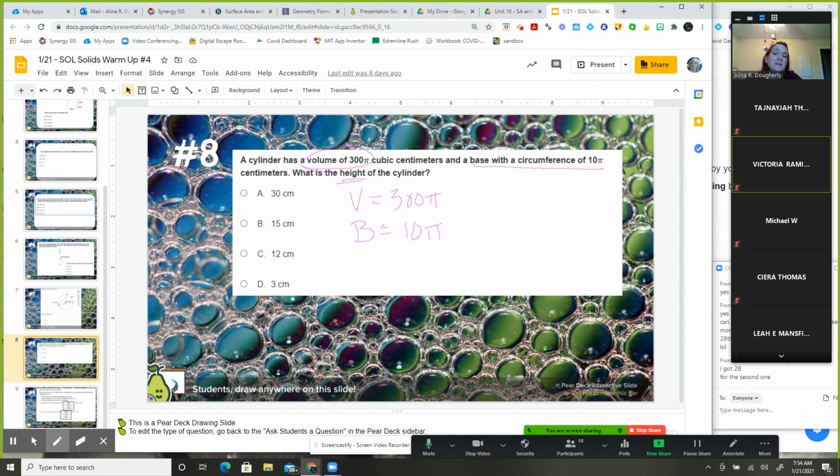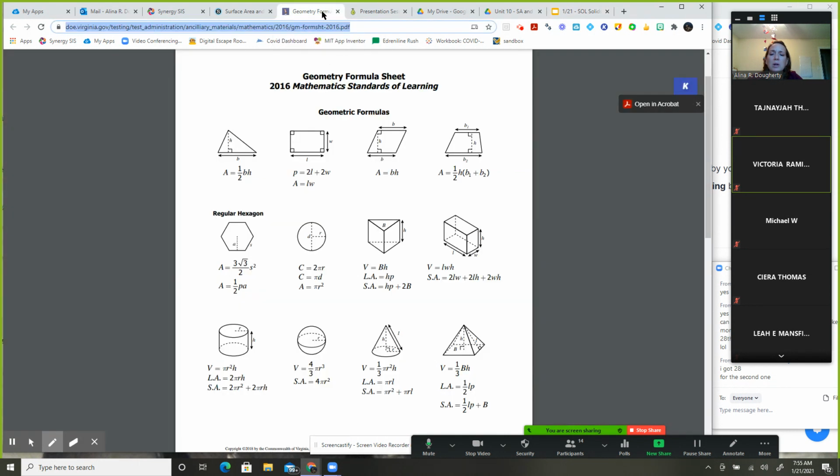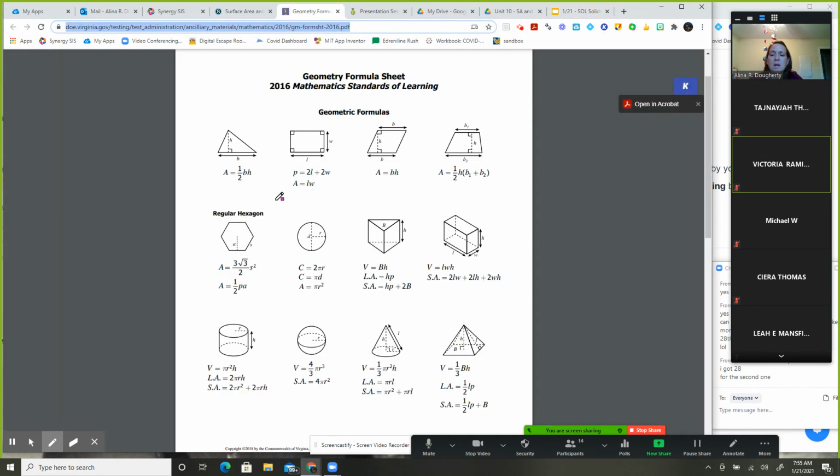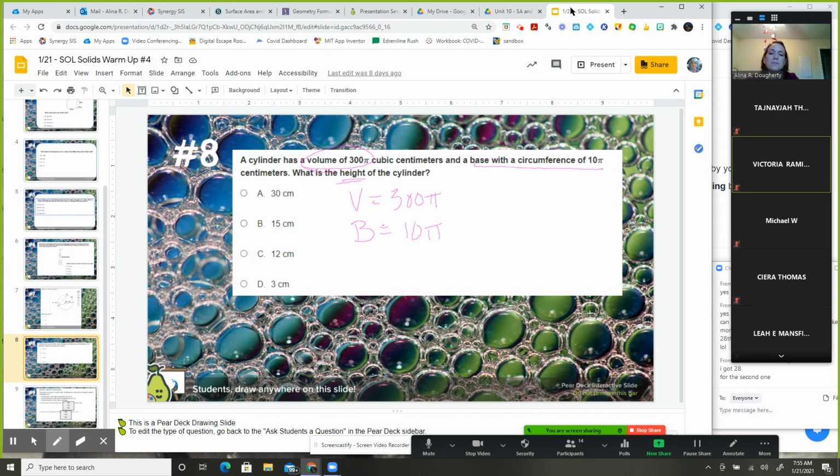So once we've translated all of those words, volume equals 300 pi and base equals 10 pi, we need to go look for volume of a cylinder. So volume of the cylinder is pi r squared h. Volume equals pi r squared h.